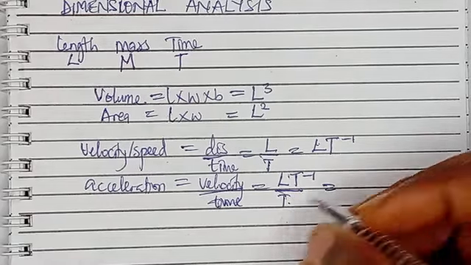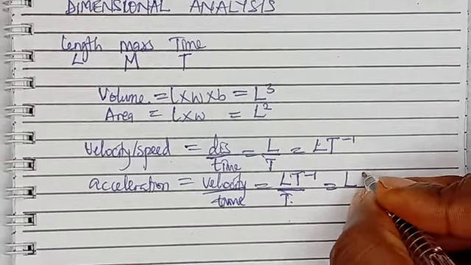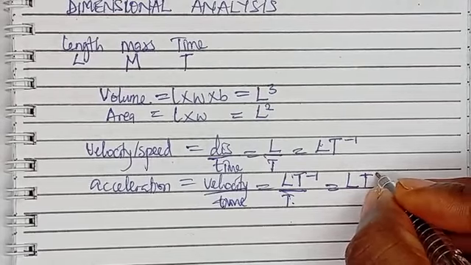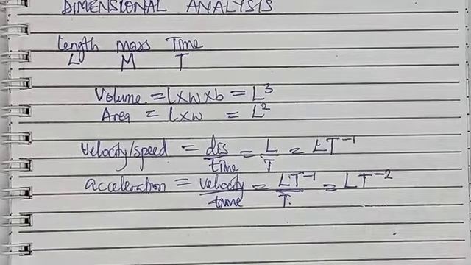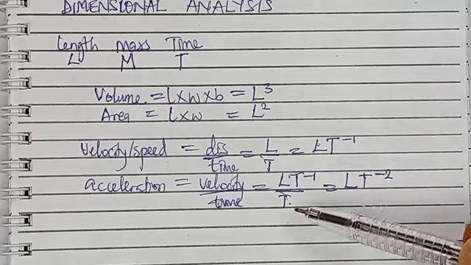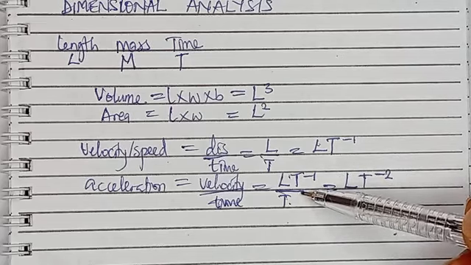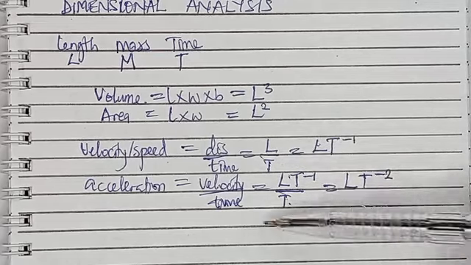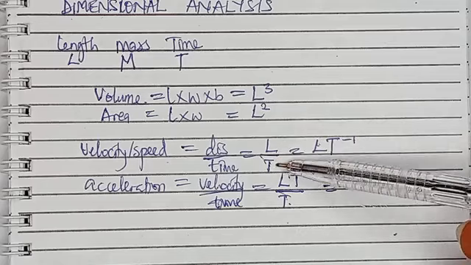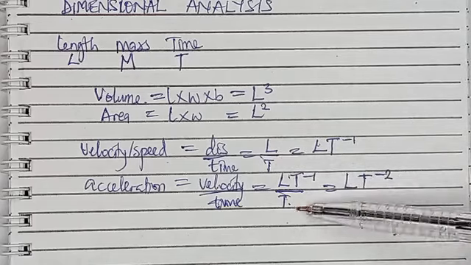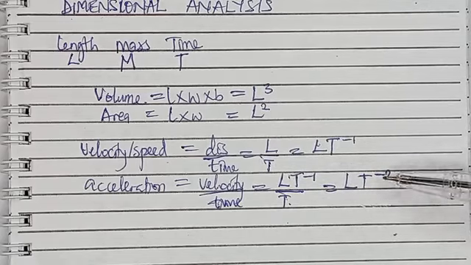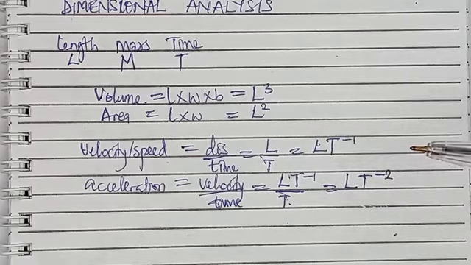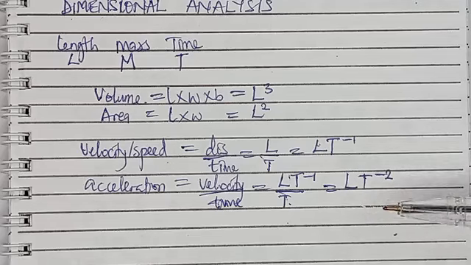So we now have length times time to the power negative 2, because there are 2 times as a fraction. I should have just started with velocity is equal to length over time, and since it is over time again, we now have another time down here. So that means we have time squared down here. So we have length per unit time squared. Okay, so that is acceleration.